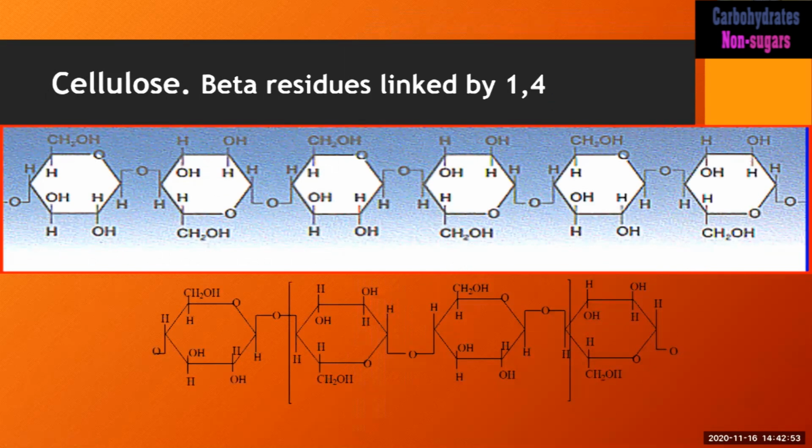Then comes cellulose. Its structure is similar to that of starch. It is a polymer of glucose, but here the glucose molecules are linked together through beta-1,4 glycosidic linkages. Here you can see a beta residue, where the hydroxyl group is on the upper side, towards the CH2OH side, so it's a beta residue.